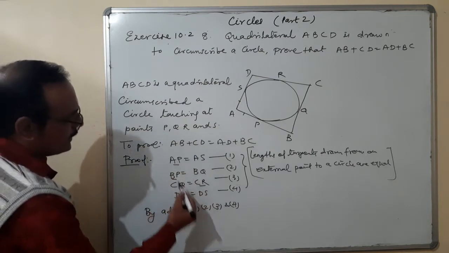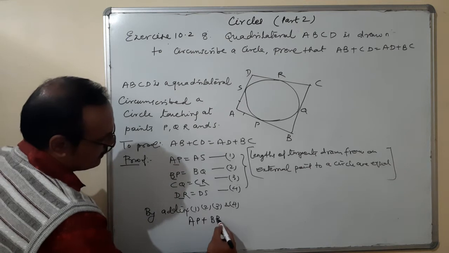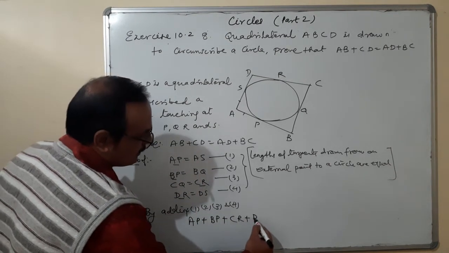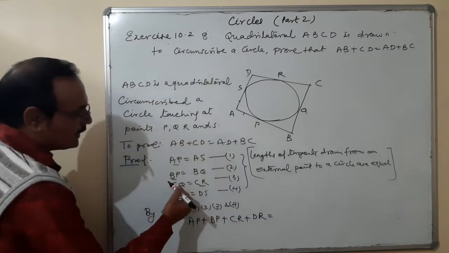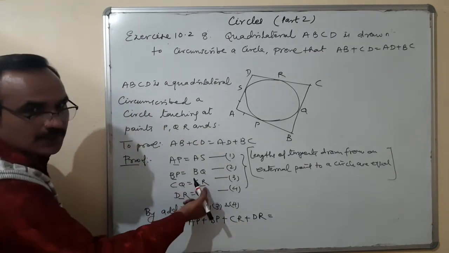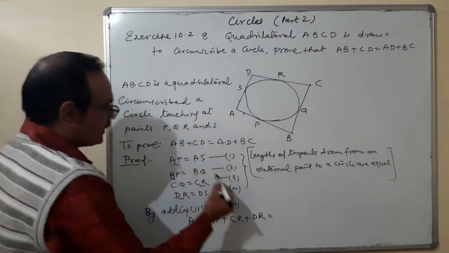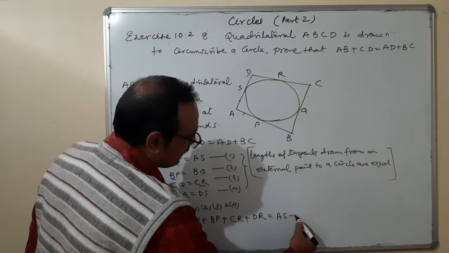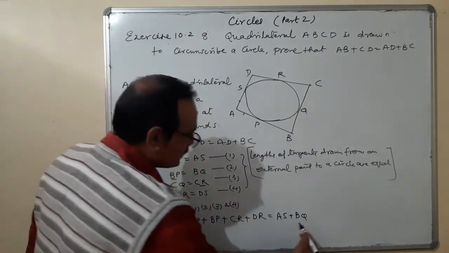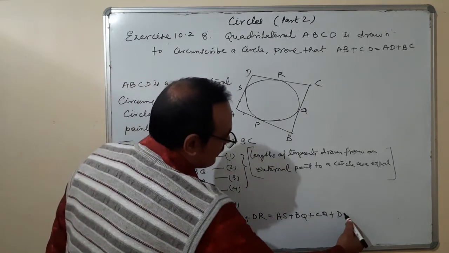So I am writing AP plus BP plus CR plus DR. No matter whether I write it on the left hand side or right hand side, because they are equal. So I can write CR is equal to CQ. The other side is equal to the remaining parts: AS plus BQ plus CQ plus DS.